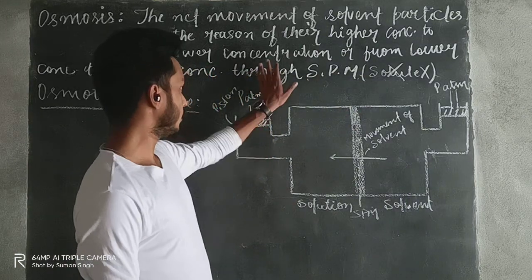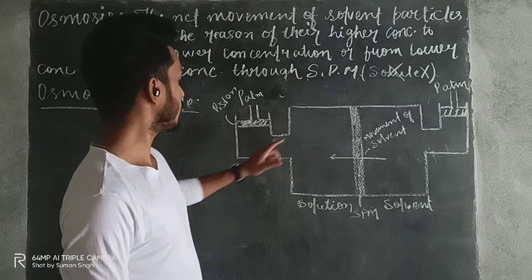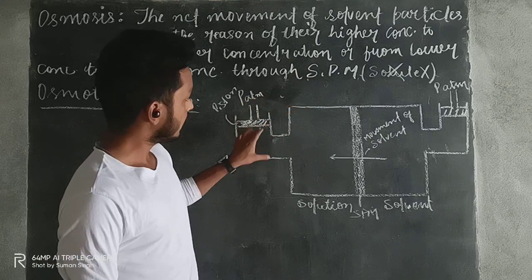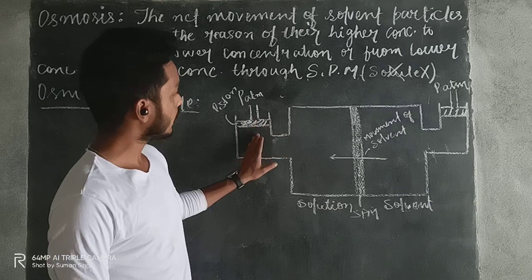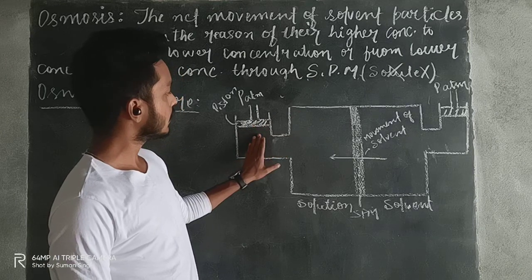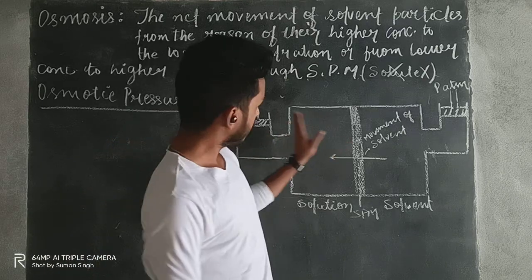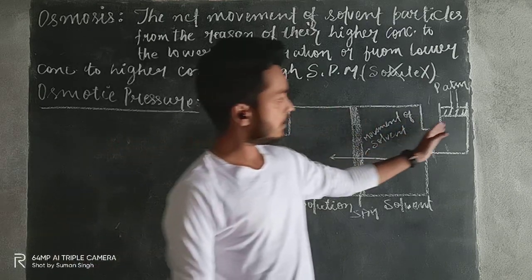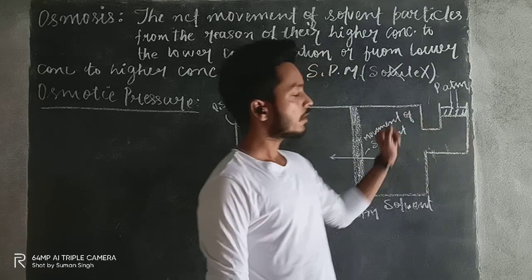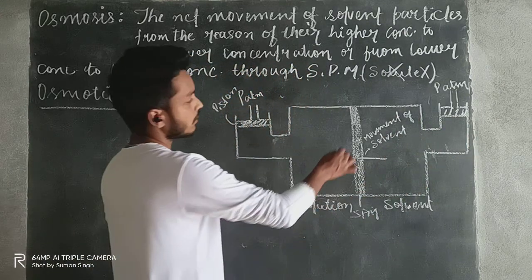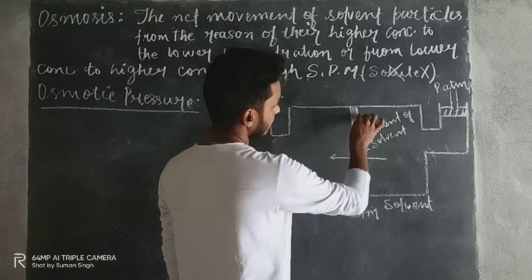When we put them like this, you can see the pressure is P atm on both sides. Now osmosis will take place because we have put a semi-permeable membrane here.